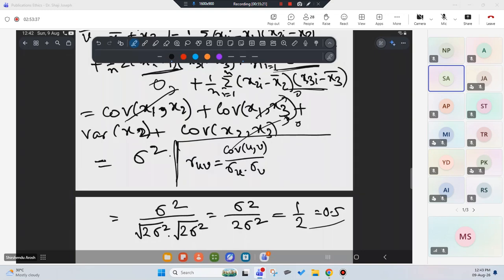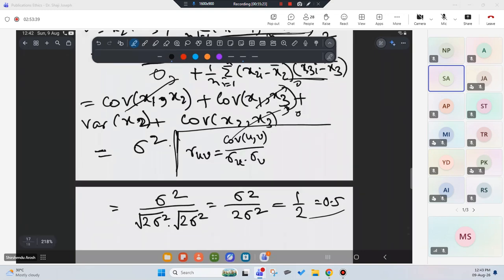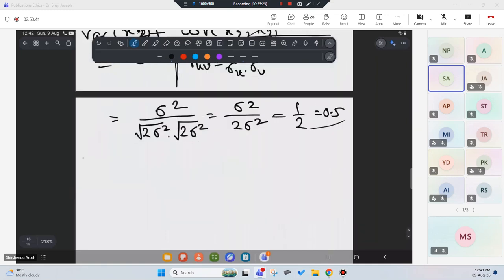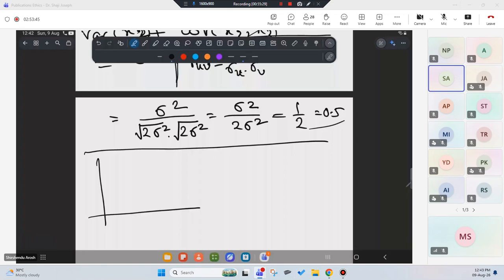Now the limitation of the correlation is, as I told in terms of the graph, suppose things are positively correlated. The assumption is that the points x and y are showing a positively correlated pattern, like this particular pattern I'm getting here.